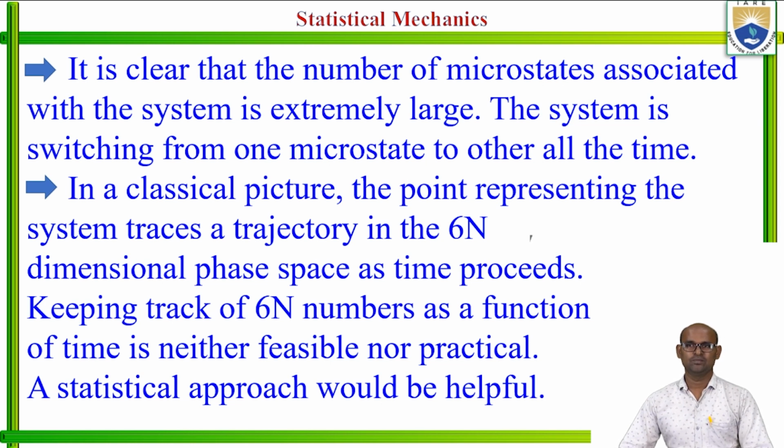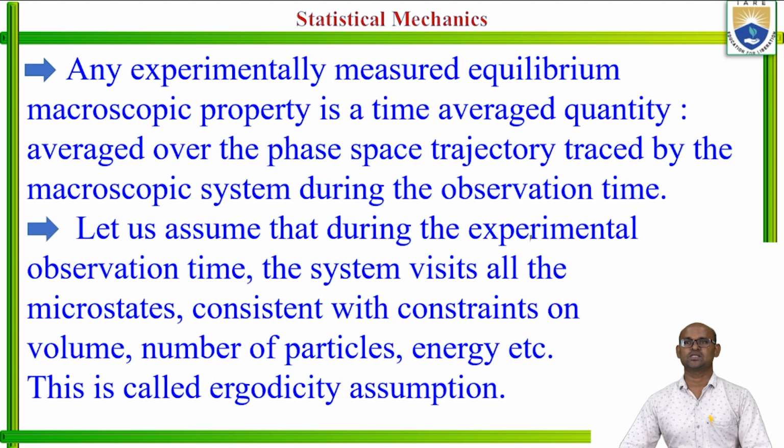At any time, to represent a microstate, we need 6 into 10 power 23 numbers to represent the position and momentum coordinates, and as time proceeds, we need them at every instant. Saving this data is very difficult and not at all practical, right? So we need a statistical approach to understand this macroscopic system that consists of an extremely large number of microstates.